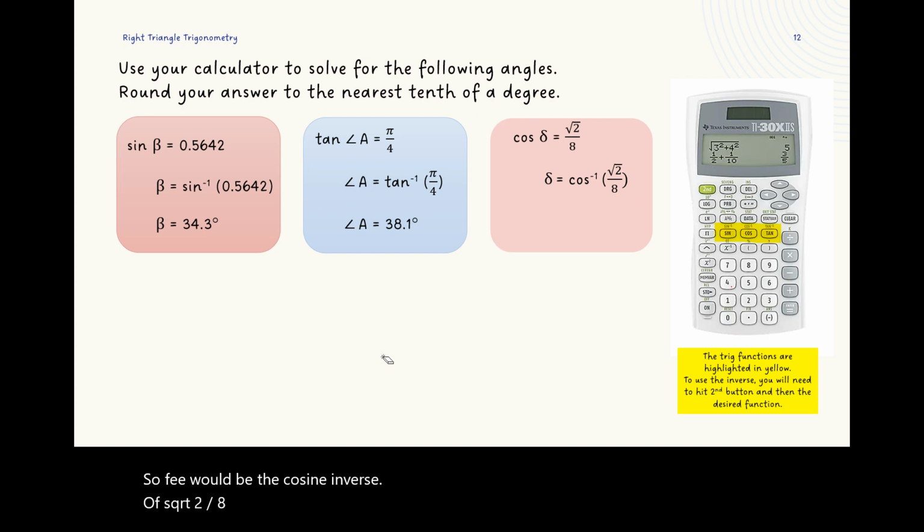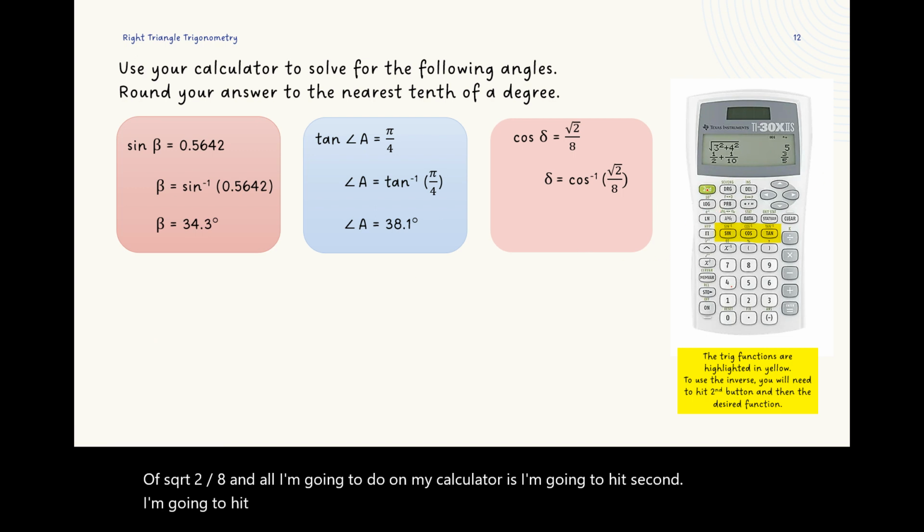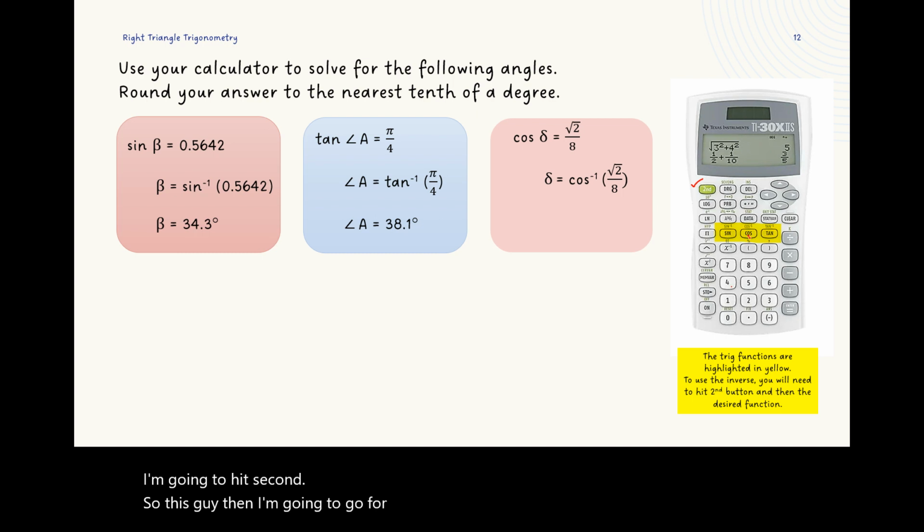And all I'm going to do on my calculator is hit second, then cosine. It should open up a parentheses.